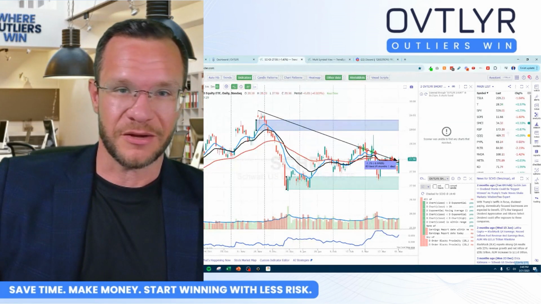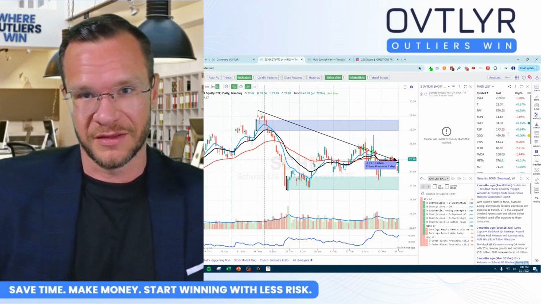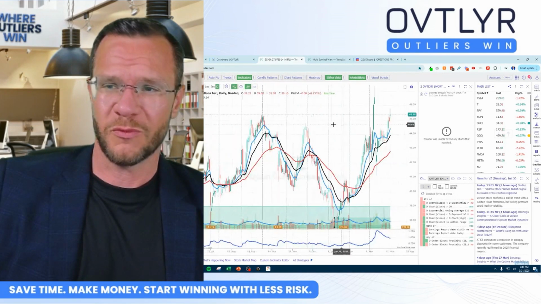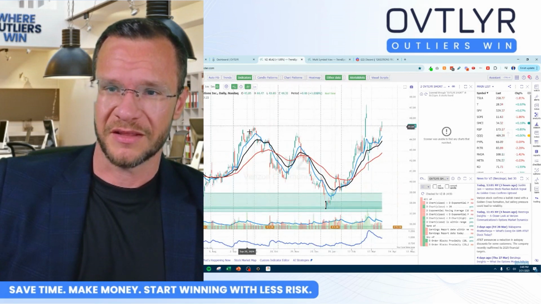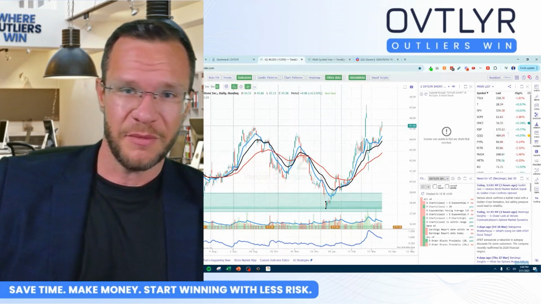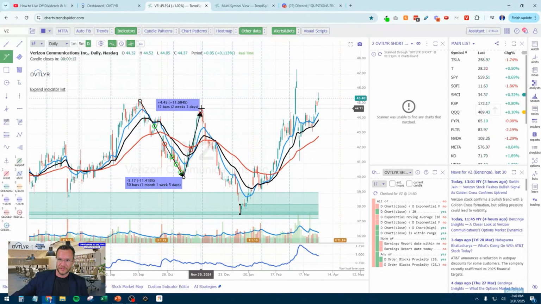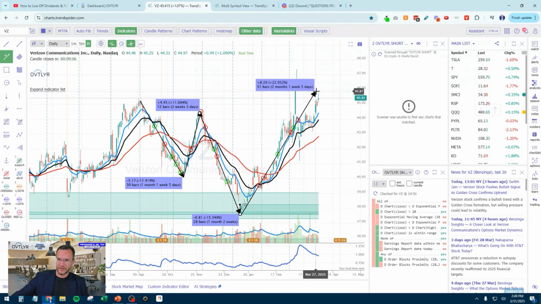That's why I just can't get on with dividend investing, because my assets are way more valuable to me than the little dividends they'll throw off here and there. I mean, Verizon actually is a great example, right? These moves, an 11% move down, an 11% move up, a 15% move down, a 22% move up.